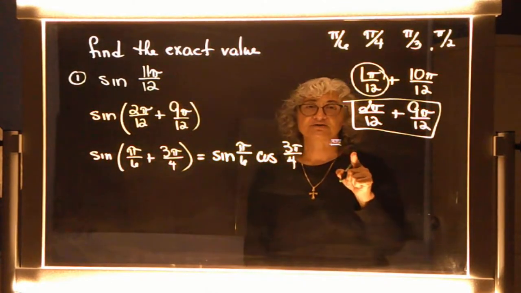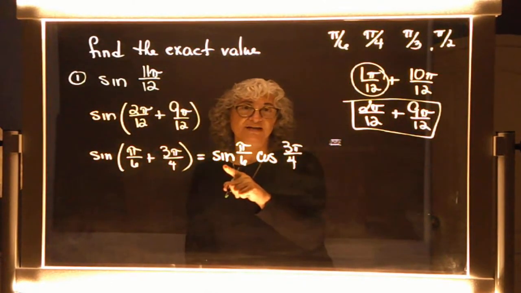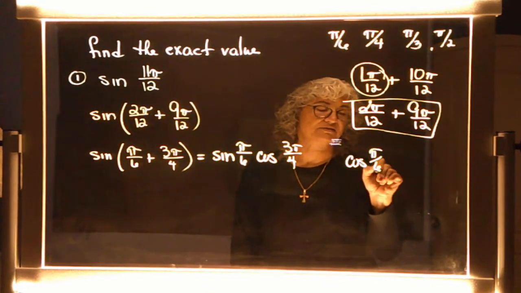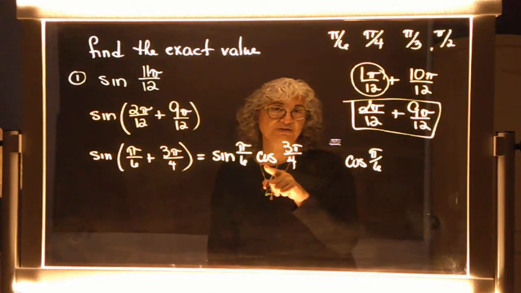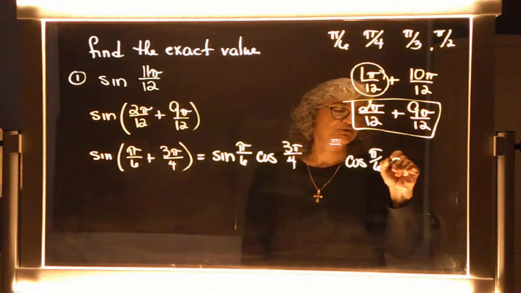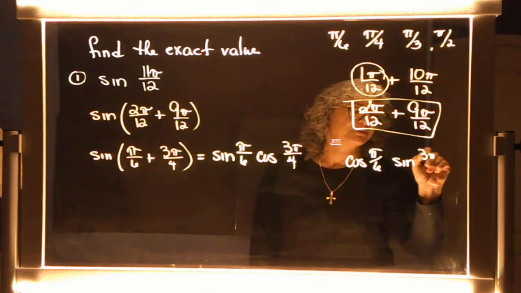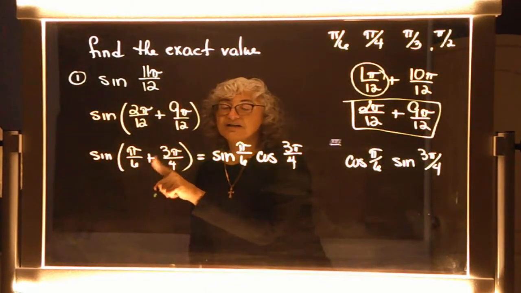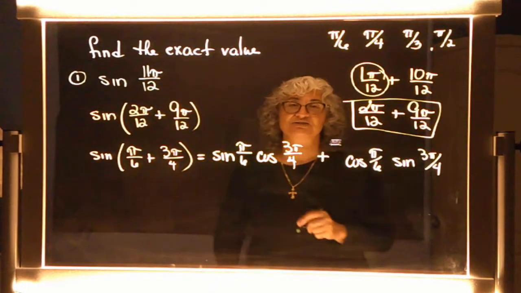And then over here, since I took the sine of pi over 6, I'll take the cosine of pi over 6. Since I took cosine of 3 pi over 4, I'll multiply it by the sine of 3 pi over 4. Since sine is not greedy, and this is addition, this stays addition.